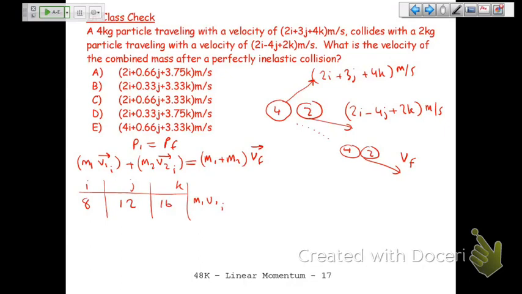I worked out my momentum for this first object. And then I need a momentum for my second object. I need M2 V2 initial. That's just these multiplied together. So that's a 4, and a 2 times a minus 4 is a minus 8, and the 2 times a plus 2 is a plus 4.